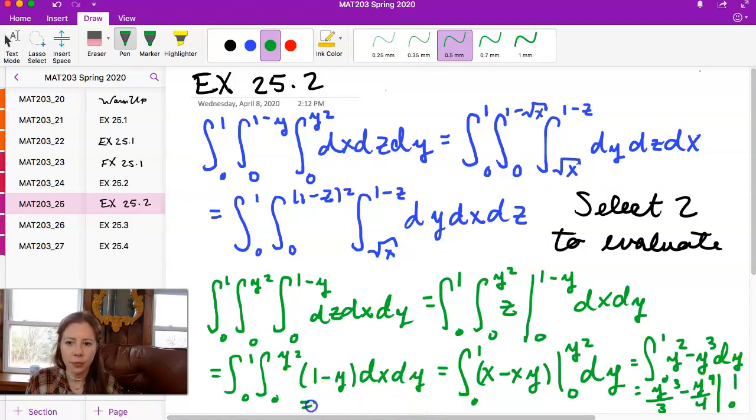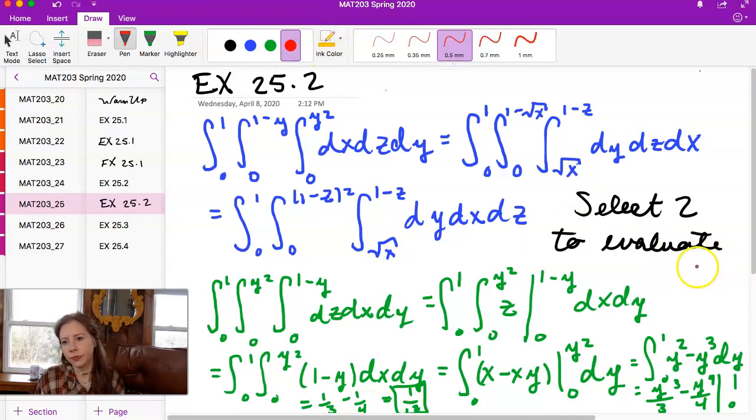And so we end up with 1/3 minus a 4th, which is 4 minus 3 over 12, or 1/12. So if you did them on your own, you should have come up with 1/12. And I'll just write it bigger over here.